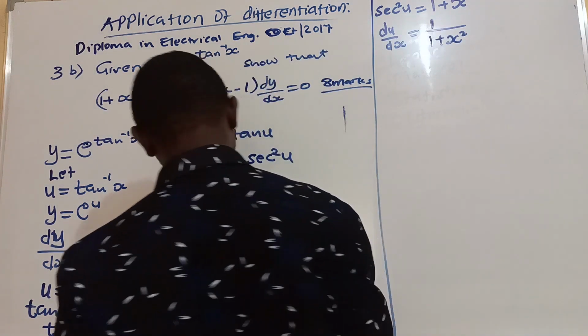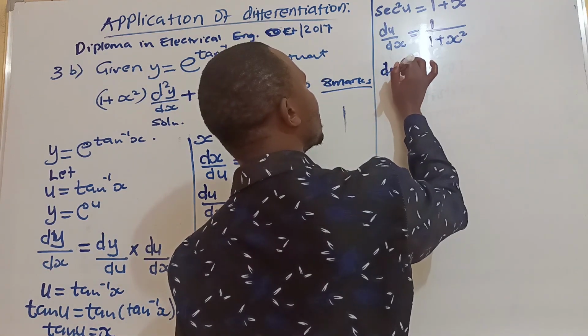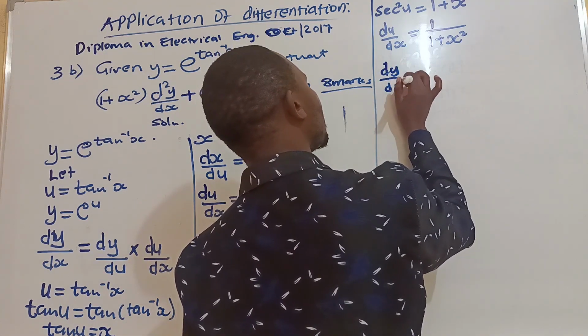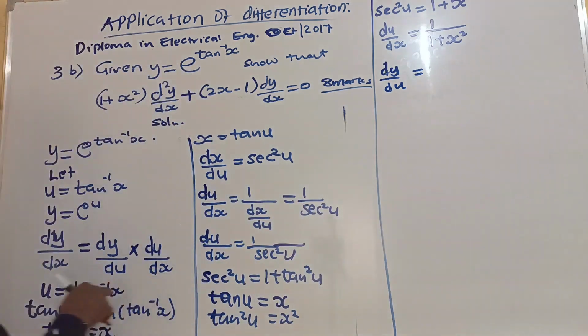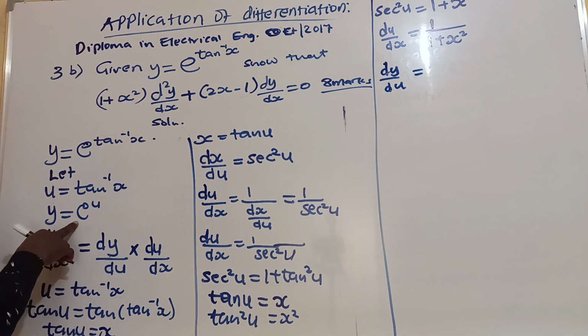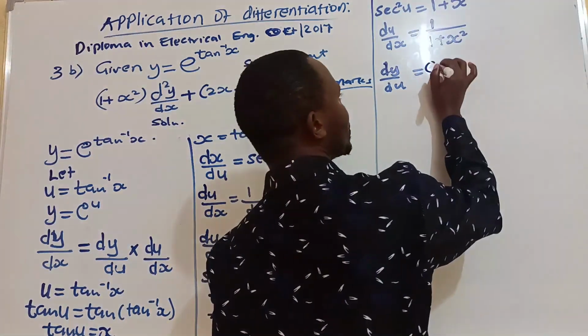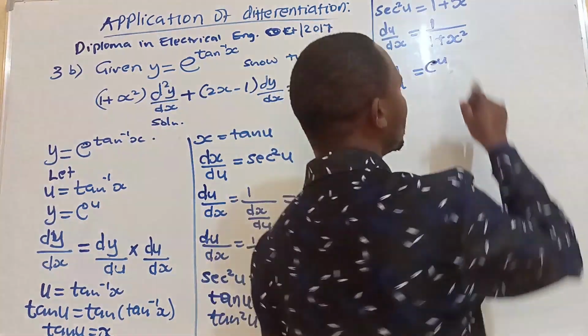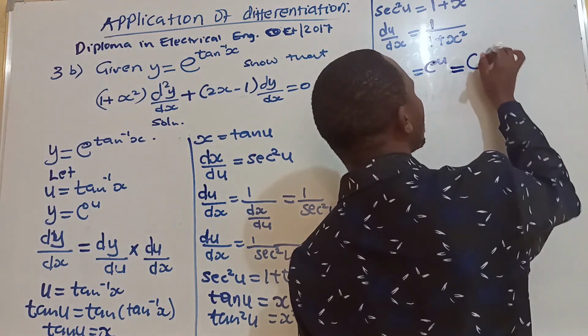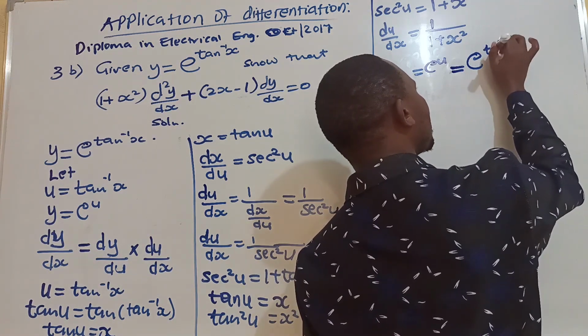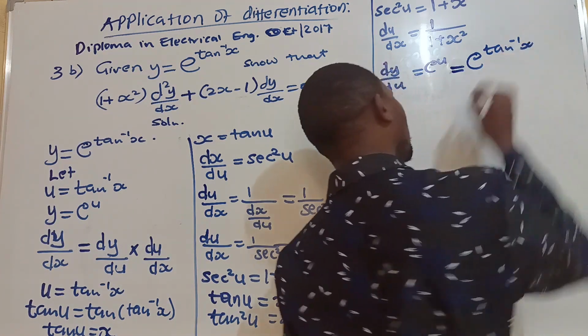To get dy/du, you differentiate this exponential function. When you differentiate the exponential, it remains exponential. So dy/du will be equal to exponential u. But what is u? u is tan inverse x.